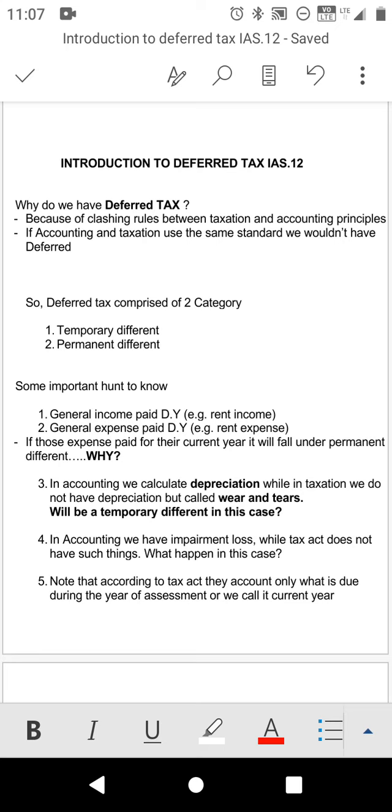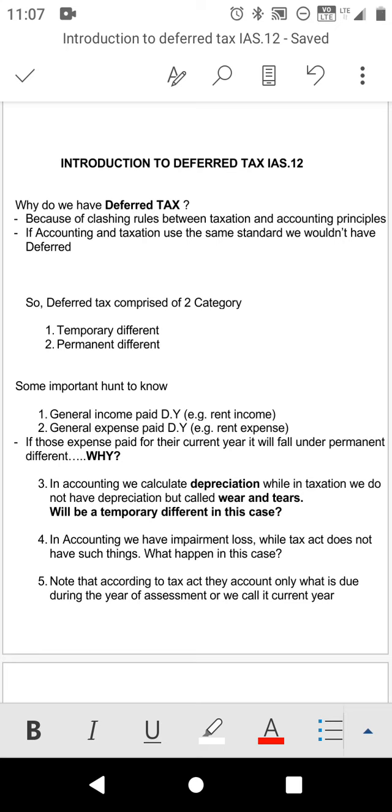Even in taxation, they are going to record that amount as it has been received during the year of assessment, which means in that case we will have a permanent difference.